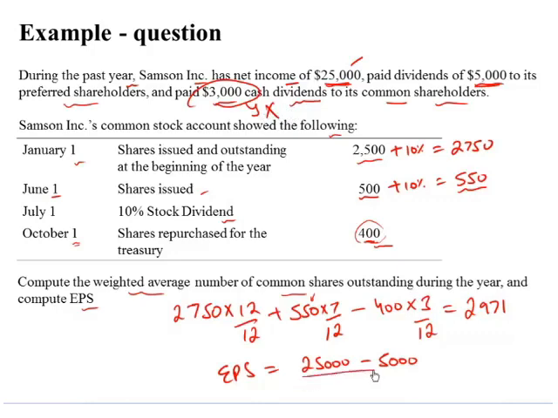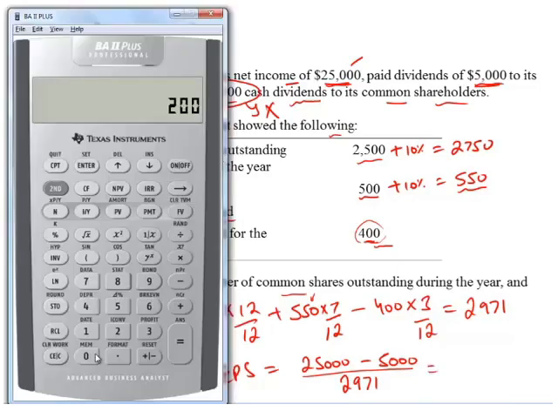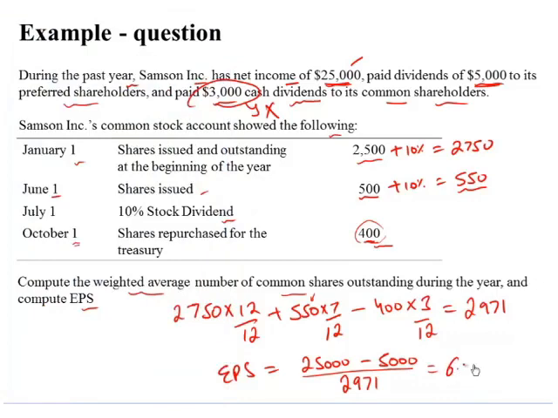So this is the net income remaining with the shareholders upon the weighted average shares outstanding, that is 2971. 20,000 divided by 2971 will give us 6.73 as the EPS.